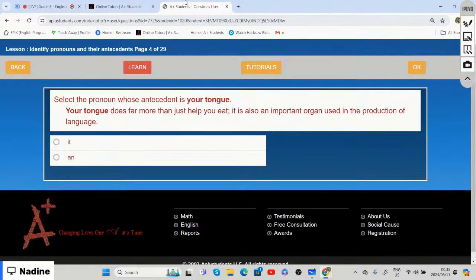If we select the pronoun that refers to the tongue, we can say it is it, because we are saying that your tongue, which is it, is an important organ. What is an important organ? Your tongue, which is it.